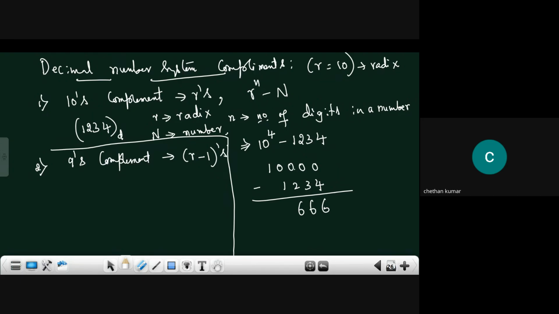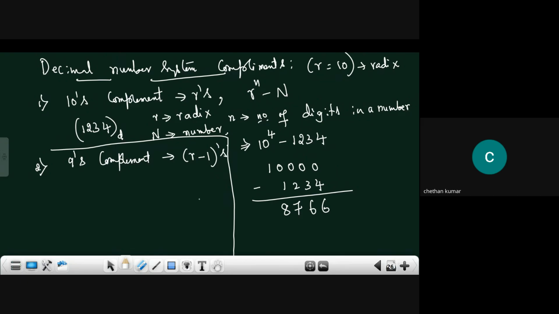This is 9 minus 2, which is nothing but 7, right? Then 8 minus 1 is, here 8 or 9 it is? 9. All these are 9. So 9 minus 1 is what? 8.